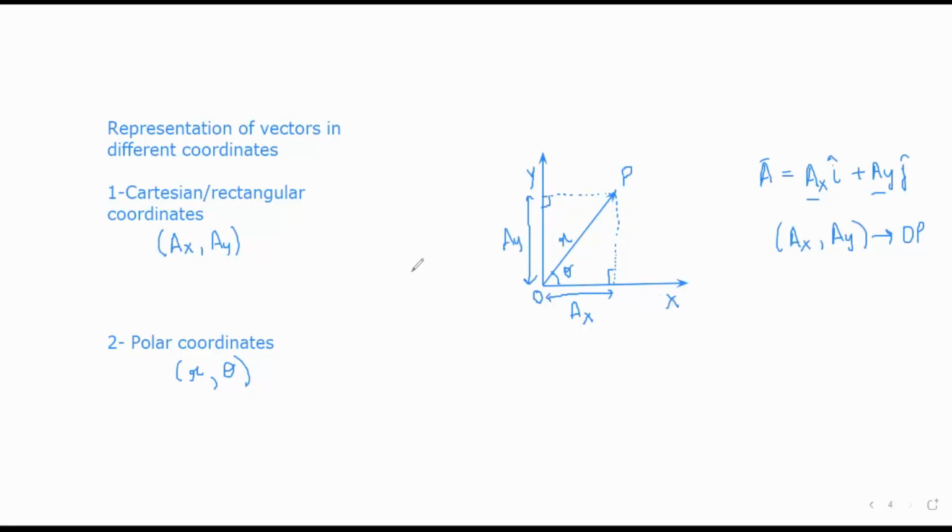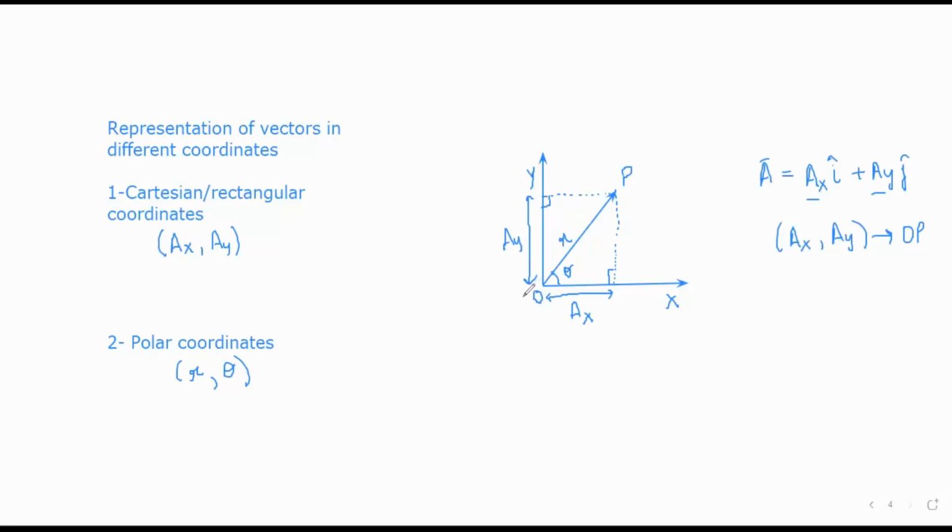If we talk about the Cartesian coordinates, that two pieces of information are AX and AY. And if we talk about the polar coordinates, they are r and theta, that is the magnitude of that vector and the angle that it makes with the x-axis. If these two are specified, we can specify the vector. So these are the two ways to specify any vector.